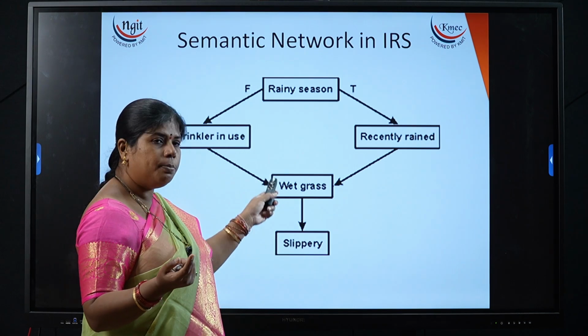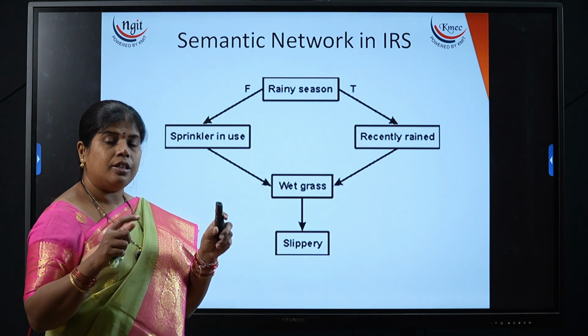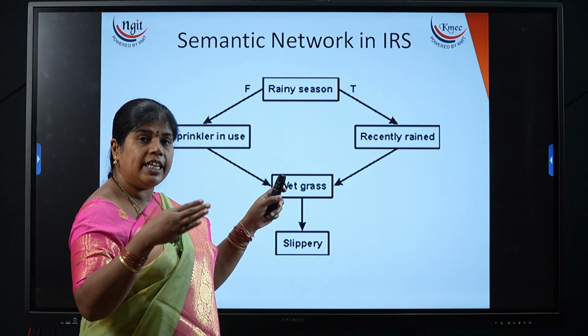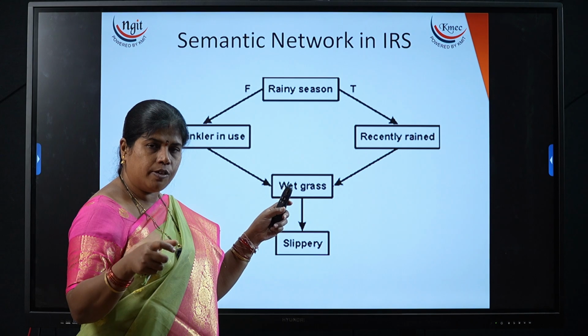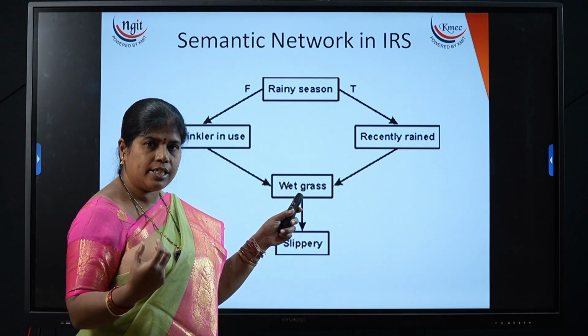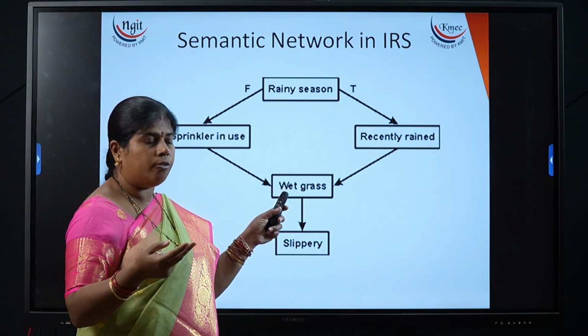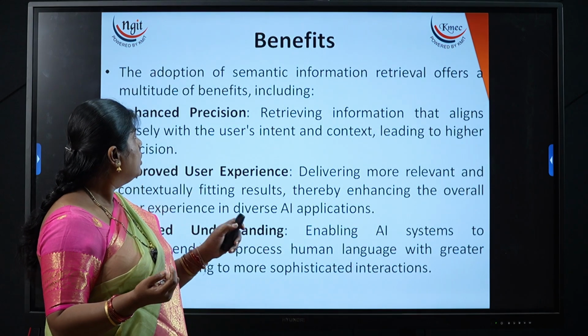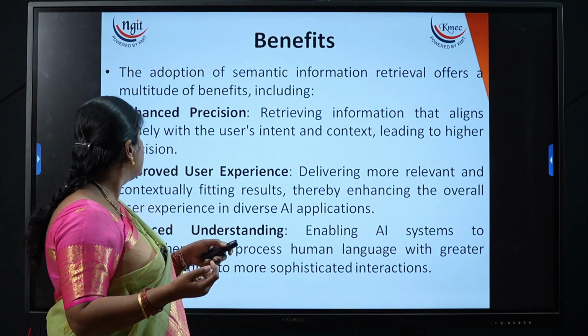So based on the context, the meaning will change, and you should be able to find out the hidden meaning behind the words in your query, and based on that you should be able to retrieve results to improve the relevance of the result with the query. Now, what are the advantages of the semantic network?